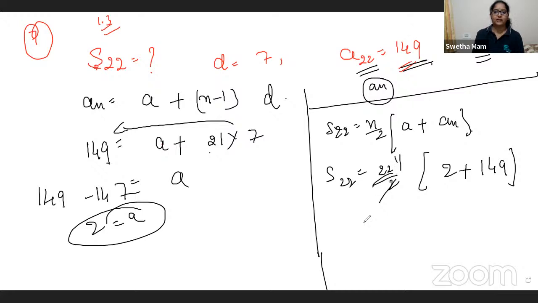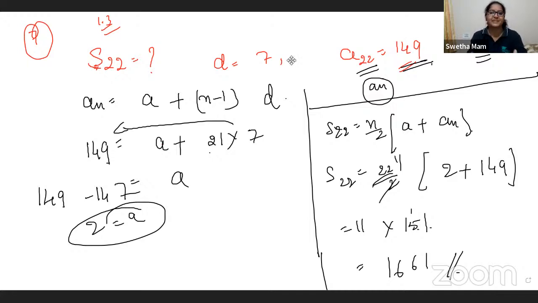So 2 ones, 2 11s, cancel the numbers, 2 plus 149, that is 151. So 11 ones 11, 11 fives 55, 56, 11 and 1, 6. This is your answer. 1661 is the sum of 22 terms in the given progression. Okay, children. So like this, it's very easy.